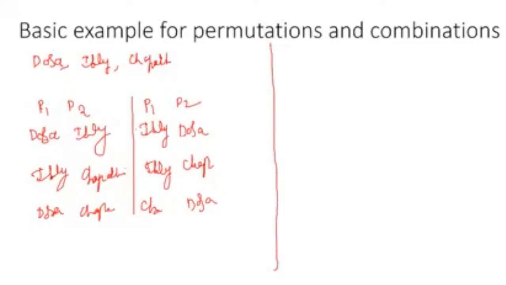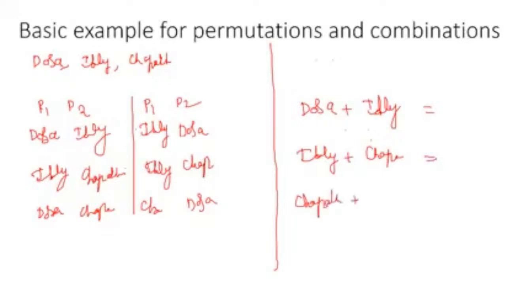This is the example of permutation. Now suppose I take any two items, how do I pay the bill? I can pay the bill for either dosa idli or idli dosa, and it will be the same cost. A plus B or B plus A will be the same cost. That's why dosa plus idli is only one way. Other is idli plus chapati, and chapati plus idli will have the same cost.